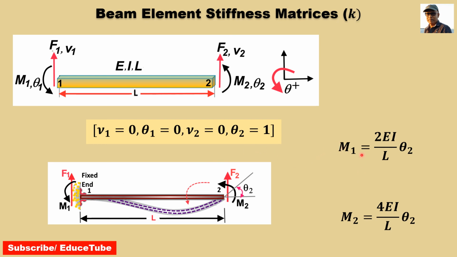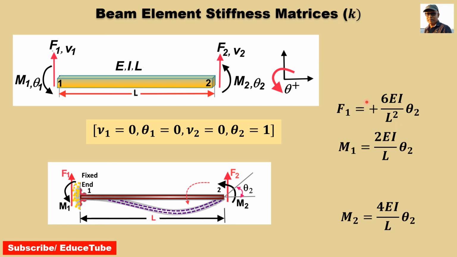So once we get this, as we know, here we have the applied moments M1 and M2, and already I said in all three cases that these two moments are in equilibrium with the reaction forces F1 and F2. So surely in that situation we can write F1 equal to this moment M1 and this moment M2 added, then the result divided by L. Then we get this.